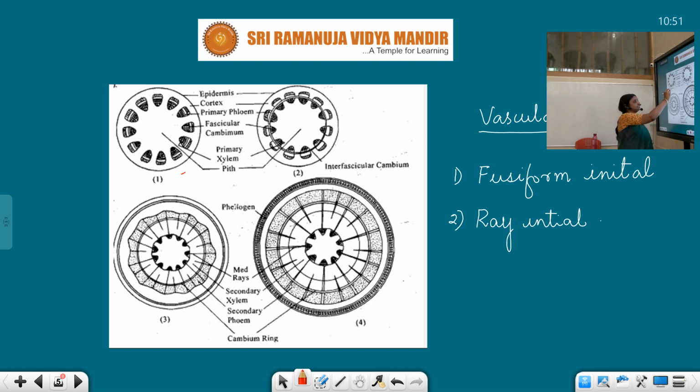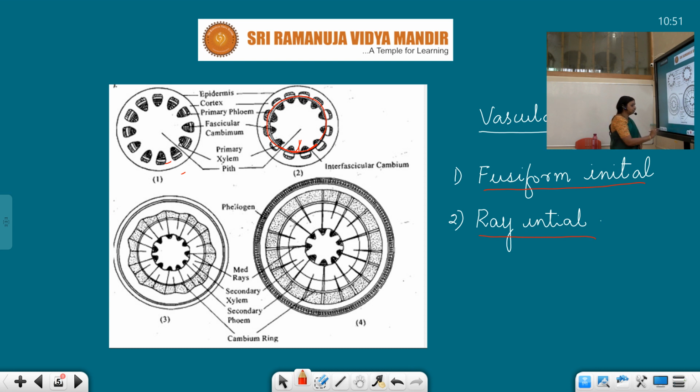In this diagram also you can see the complete cambium ring is formed, and it becomes active and undergoes division, forming fusiform initial and ray initial. Due to the activity of the cambium ring, these two structures are formed.